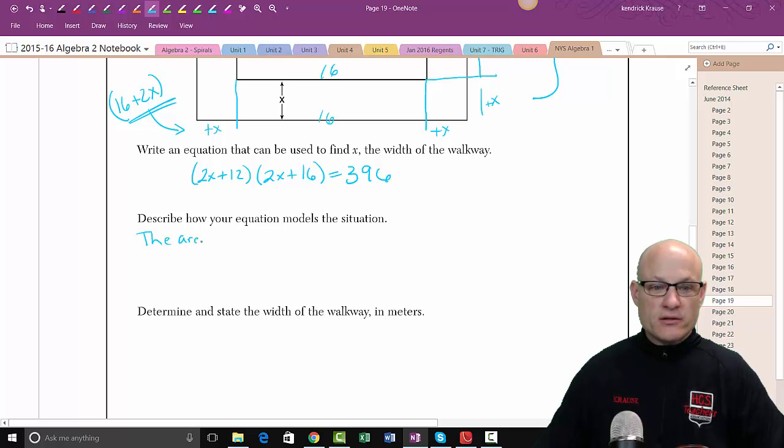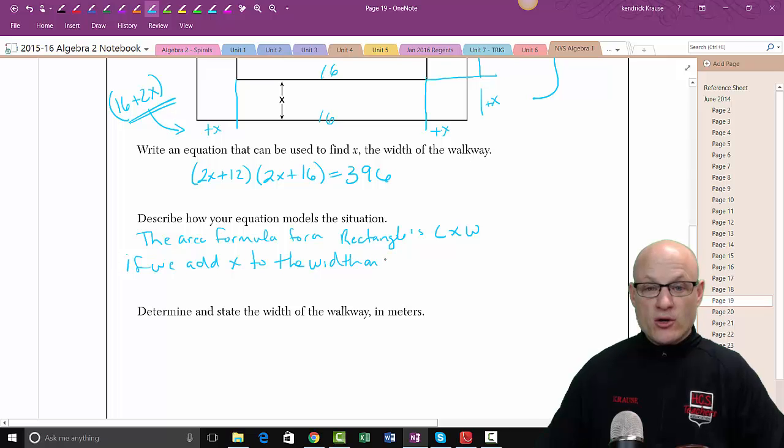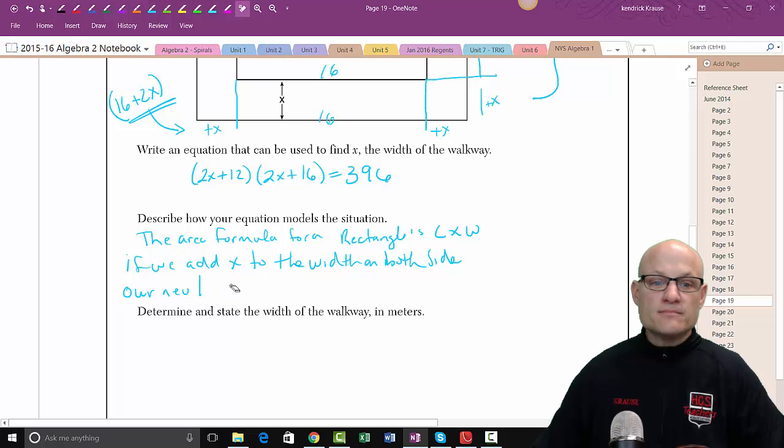The area formula for a rectangle is length times width. If we add x to the width on both sides, our new width is 12 plus 2x.